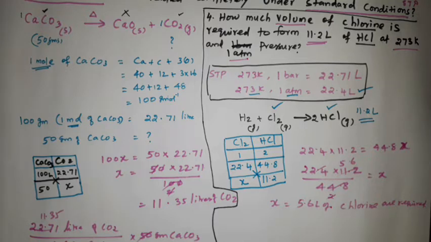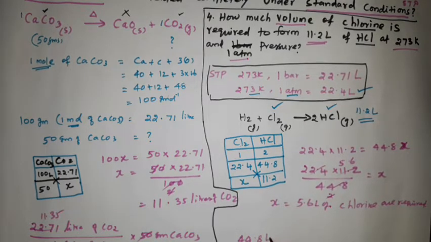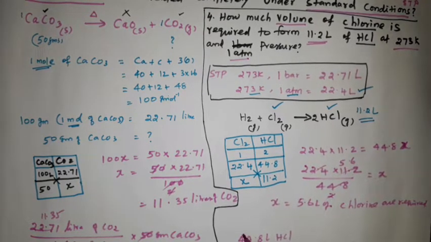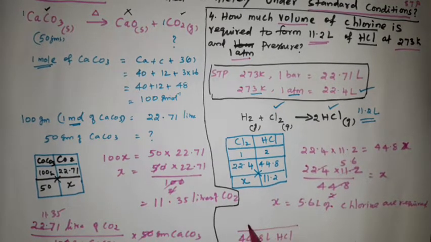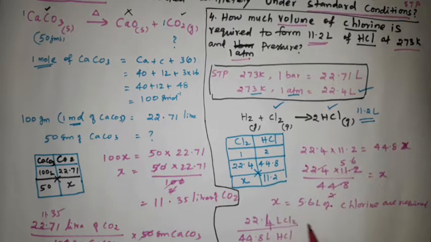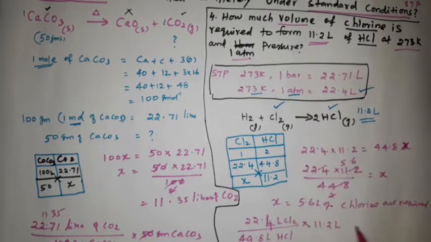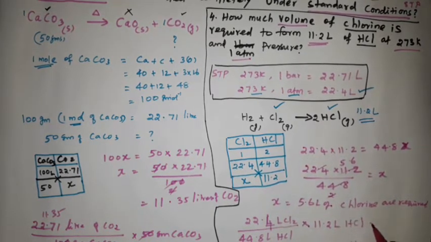Then another method, how can you write? 44.8 liters of HCl requires 22.4 liters of chlorine. Then 11.2 liters of HCl requires how much?